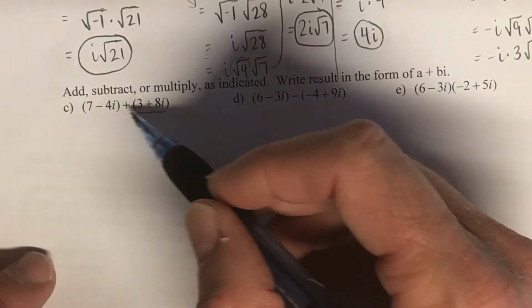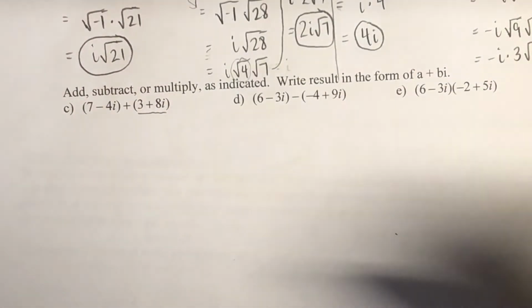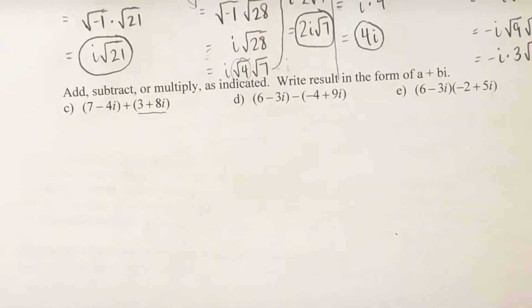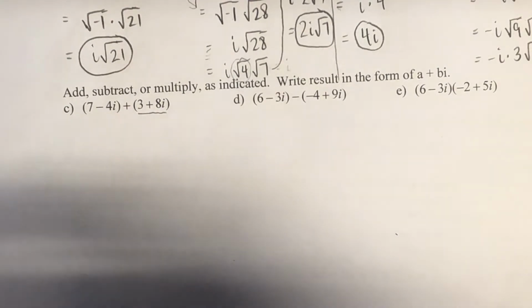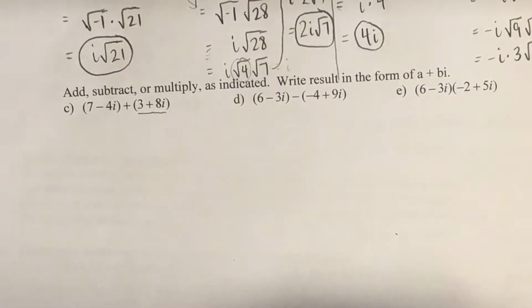A minus bi or a plus bi. Now, how do we deal with those numbers? Thankfully, this should be review, but I'll review it here just in case.